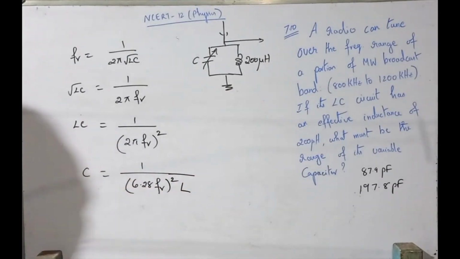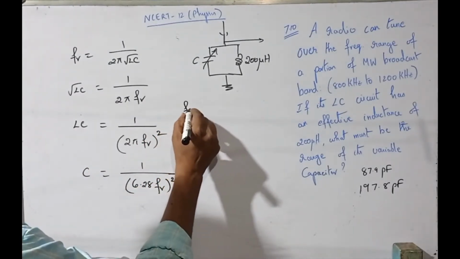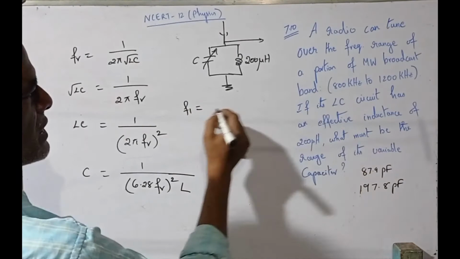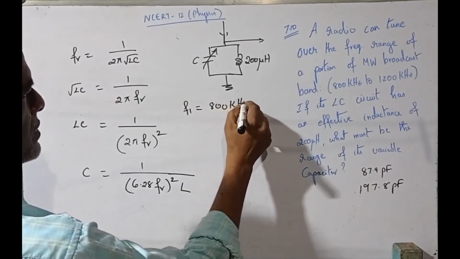Now the first frequency F1, the lower frequency, is 800 kilohertz. This is given.